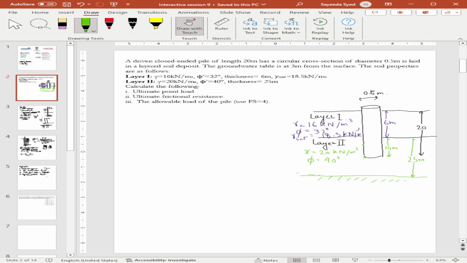So let us call this gamma saturated because it is mentioned that the groundwater table is 3 meters from the surface, and this is more likely a gamma saturated value because normal gamma value is about 17, 18. Okay, so this is our groundwater table at 3 meters.